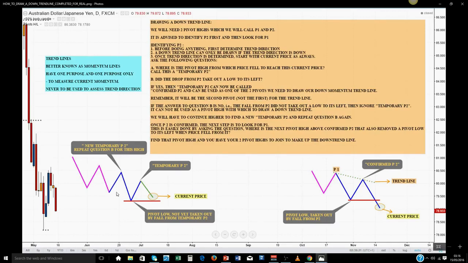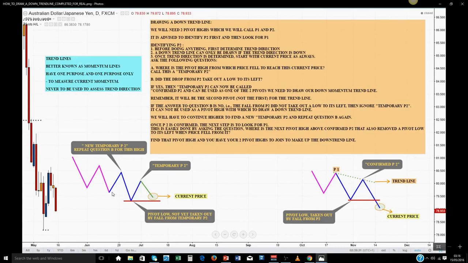The answer in this case is yes. If it wasn't, you'd have kept going higher and higher, looking for that scenario where a drop from a temporary P2 took out a pivot low down and to the left of itself.